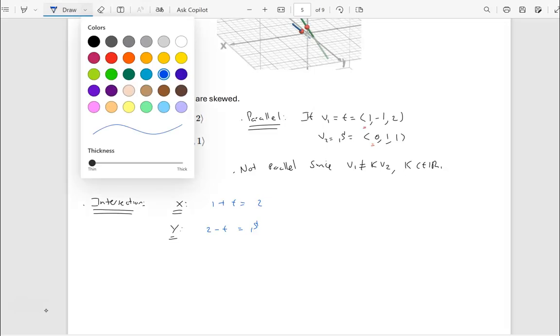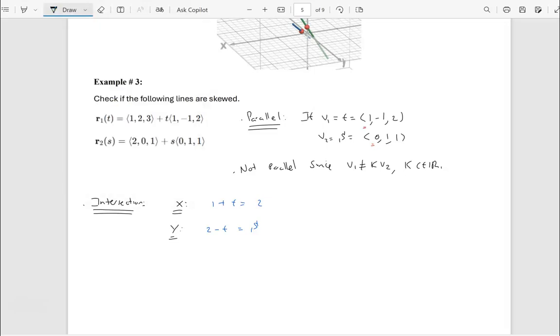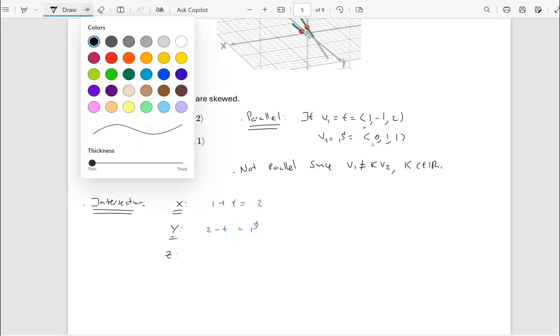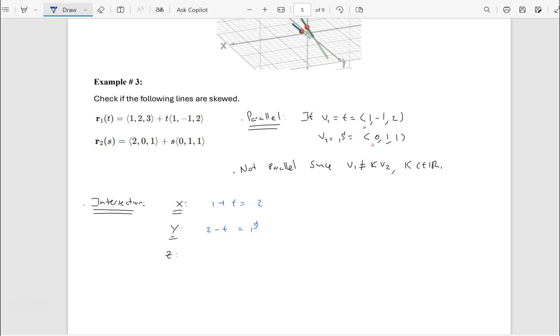And then the last one is going to be your z coordinate. As we look at the z coordinate, it's going to be equal to 3 plus 2t, and this is equal to 1 plus s.